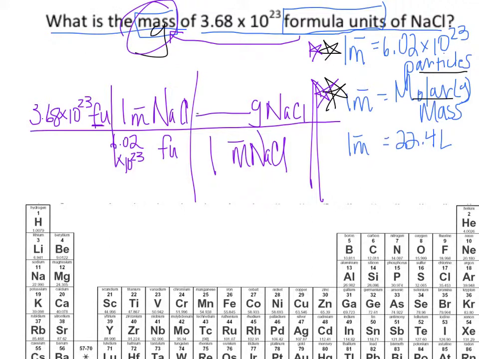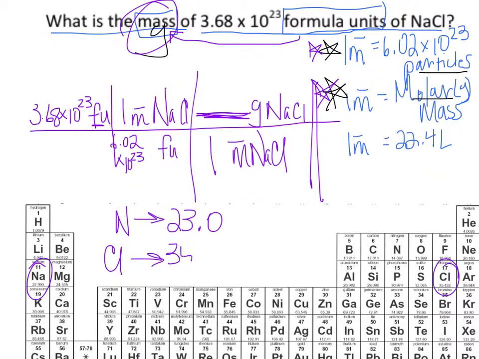Now, in this space right here will go the molar mass, and we have sodium with an atomic mass of 23.0, and you can see it's 22.990, so we rounded it. And chlorine has a mass of 35.5 because, again, we had to round, and it's 35.453, so that 5 rounds the 4 up.